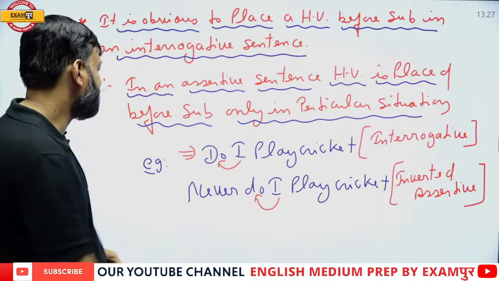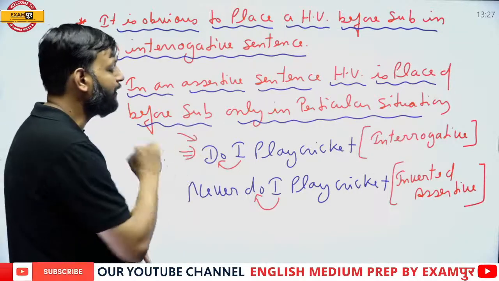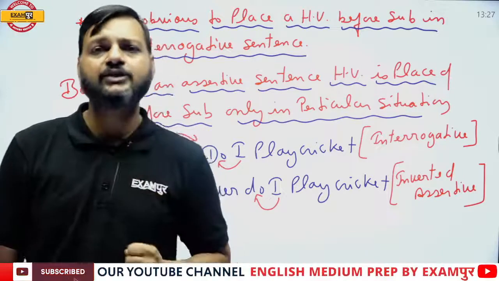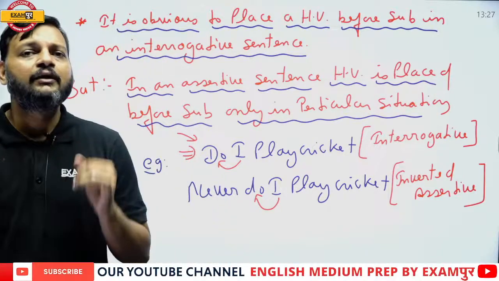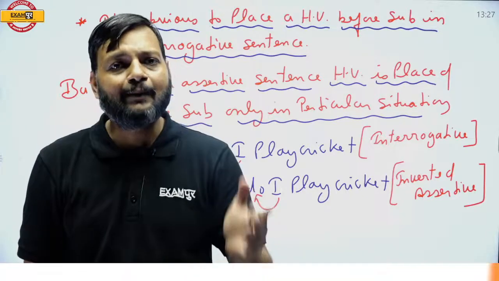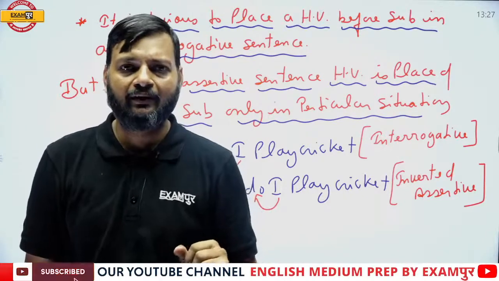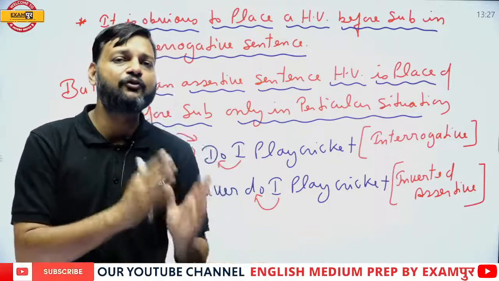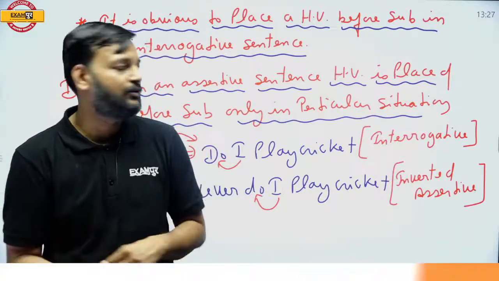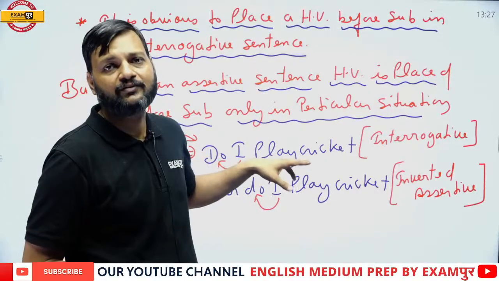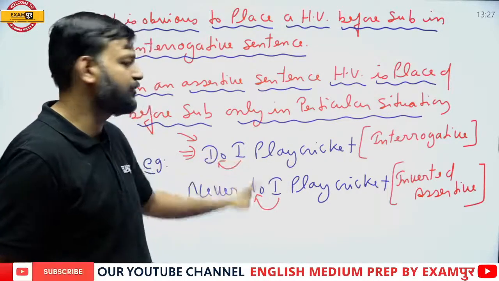The first sentence is not an inverted sentence. Why? Because the basic structure of an interrogative sentence is helping verb plus subject, so a helping verb is placed before subject in an interrogative sentence. This is a very obvious structure.